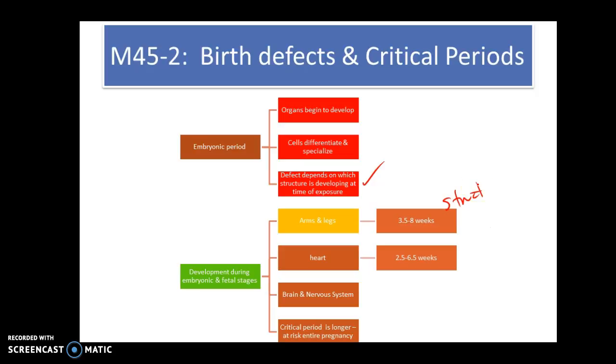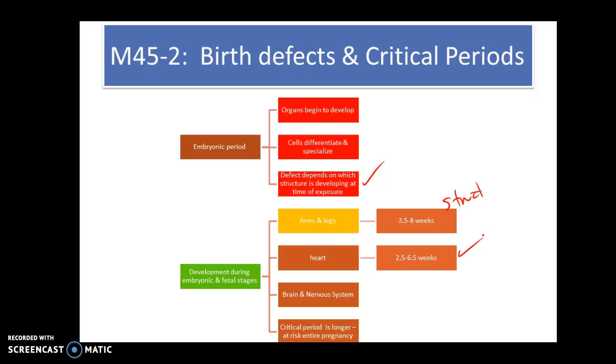Therefore, if the embryo is exposed to teratogens during that time period, arms and legs are likely to be affected. Now, there's some overlap between other structures. For instance, the structure of the heart is 2.5 to 6.5 weeks. So again, a teratogen that the embryo is exposed to, say, at 2.5 weeks, will likely impact the heart.